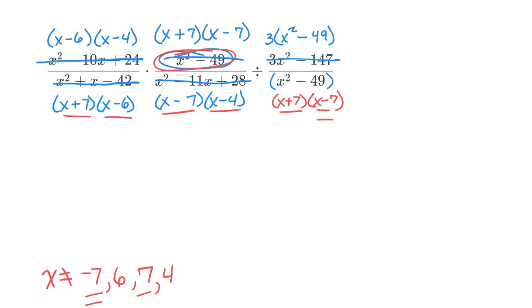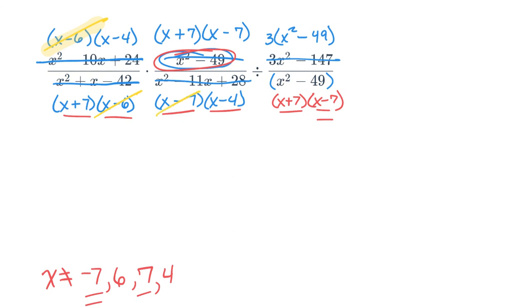All right, so here we go. We've got all of this done. We need to next do our keep change flip situation. I would suggest though that you cancel now because I don't want to rewrite all this stuff. So anything vertically can cancel right away, kind of like our x minus 6 being over an x minus 6 cancels instantly.